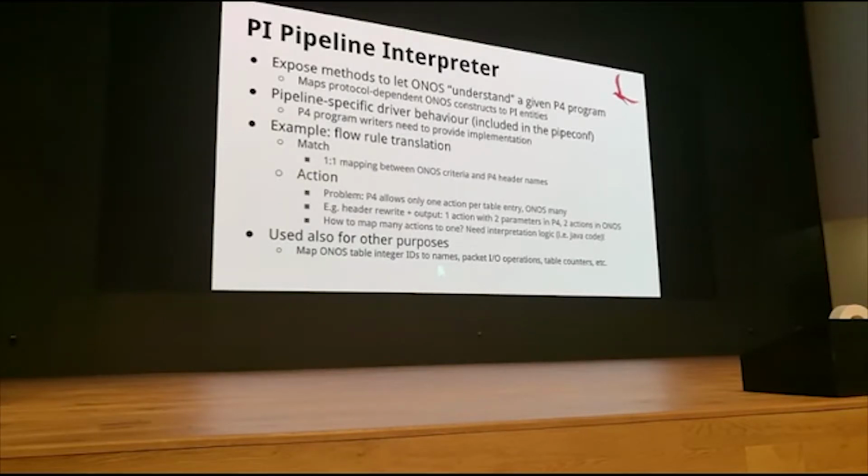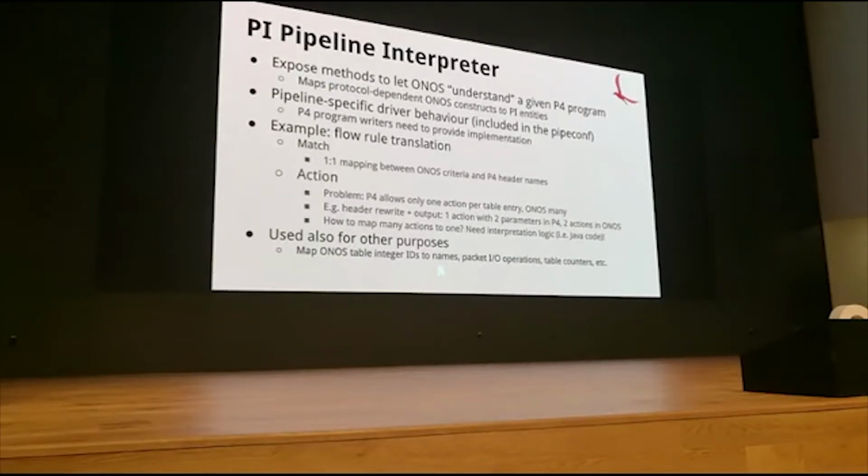Just to give you an example of why we need such an interpreter, take the example of flow rule translation. So you have a flow rule that has match and action. For the match part, if you're writing your flow rules using standard ONOS criteria, you need a one-to-one mapping between each ONOS criterion and the header name as defined in the P4 program.